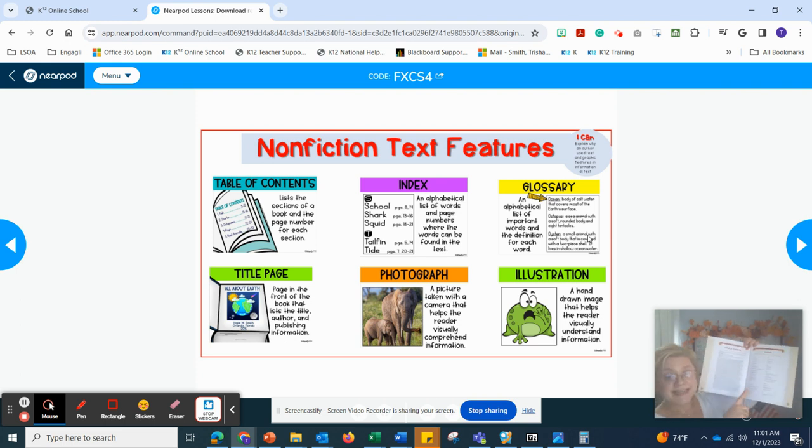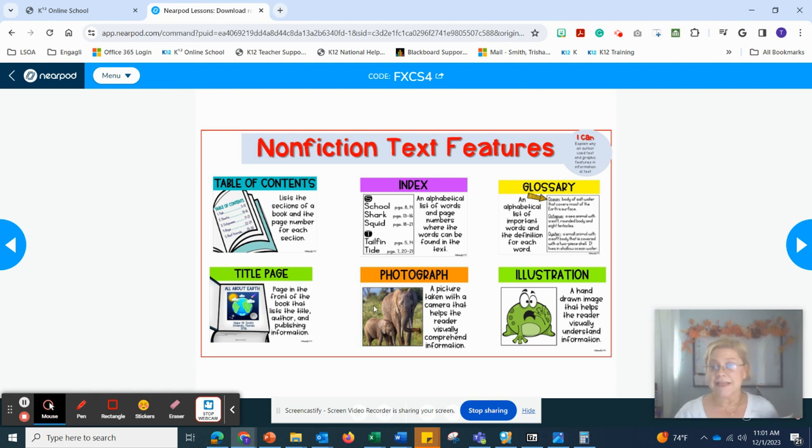And the index does not give the definition, but it will give you the page number where you can find the clues that would help you make inferences as to what those definitions would be. Also, not all of the words that we find in the index will be listed in our glossary.